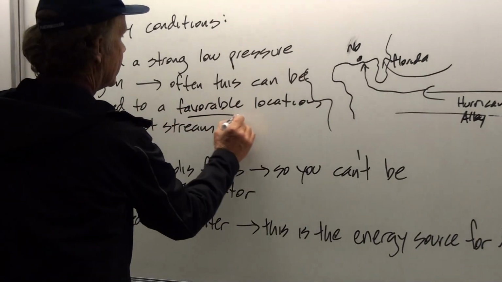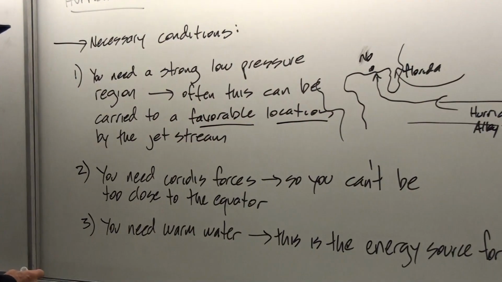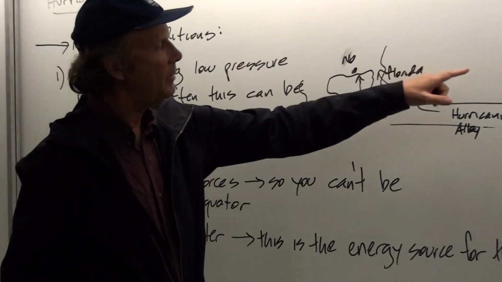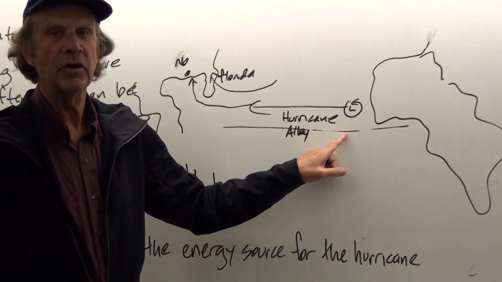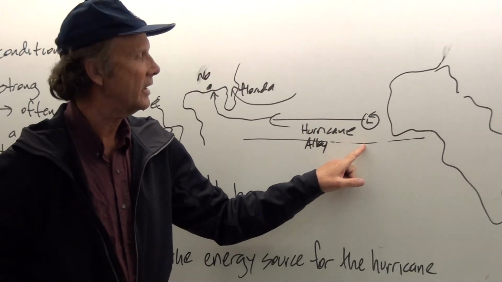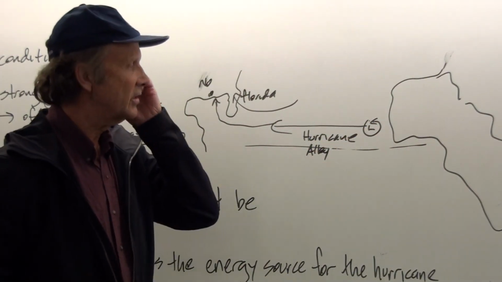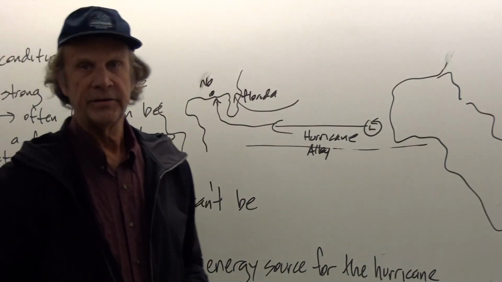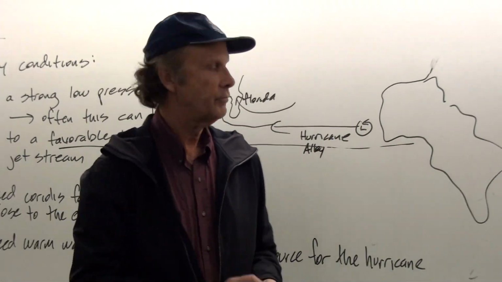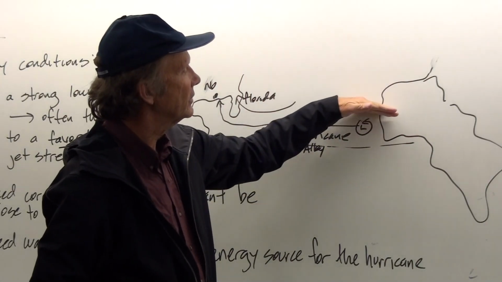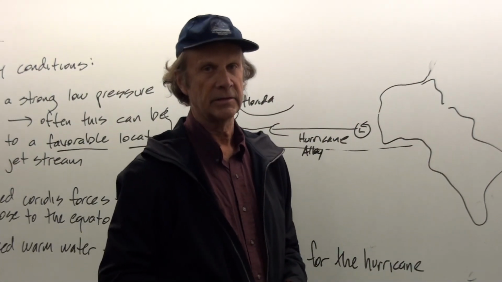And so somehow you need to get this low, and that low needs to be in a favorable location. Now, what's a favorable location? Well, you need Coriolis forces. So that means that you can't be too close to the equator. Even though warm water is good for a hurricane, you also need the swirling effect that is associated with the difference in speed of the Earth at the equator versus what it is at a higher latitude.